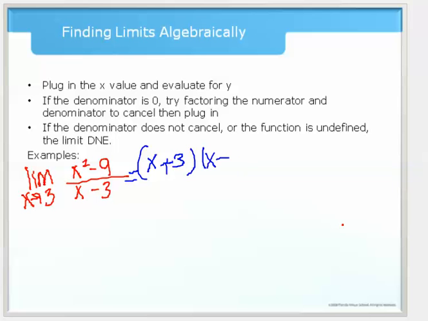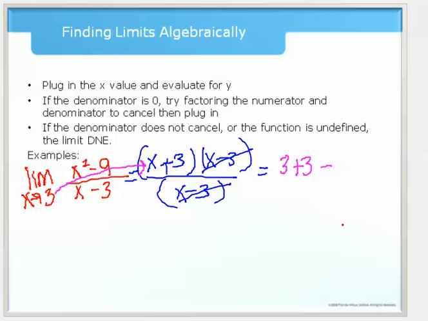We can, and when we factor it, it cancels our denominator, which means there's just a hole there. We can still find the limit. We just plug in the 3. We get 3 plus 3, which is 6. So the limit as x approaches 3 is equal to 6.